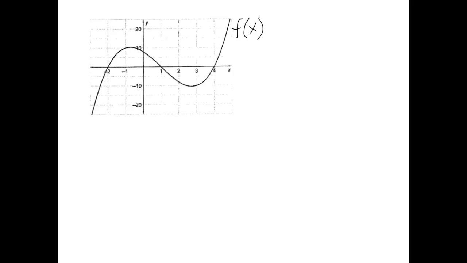The three x-intercepts appear to be (-2, 0), (1, 0), and (4, 0). The y-intercept appears to be, let's say, (0, 8). The maximum is about (-0.8, 10), and the minimum is about (2.8, -10).